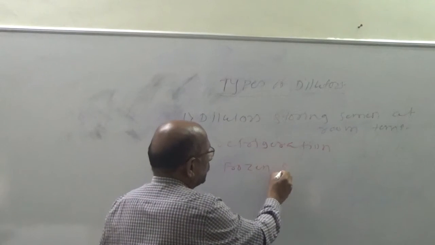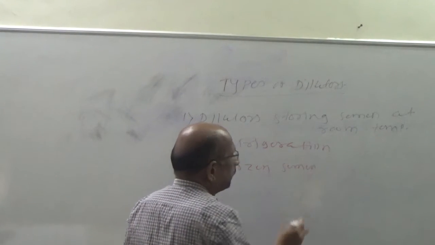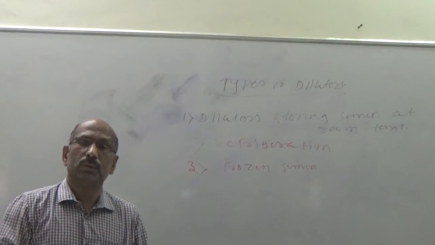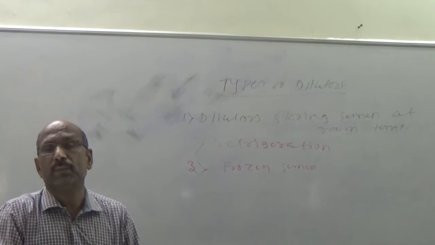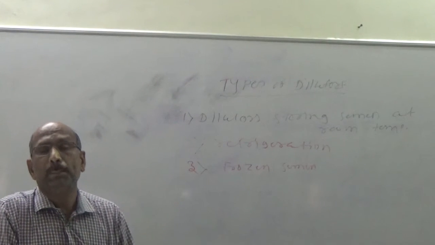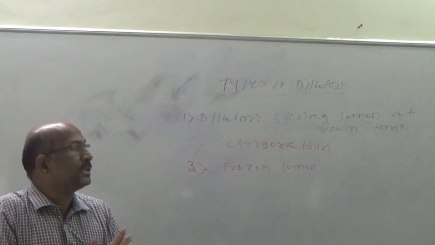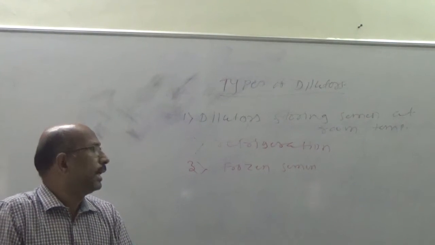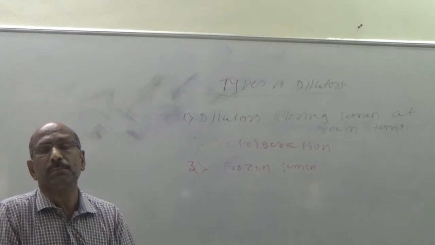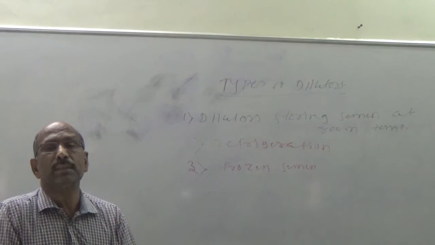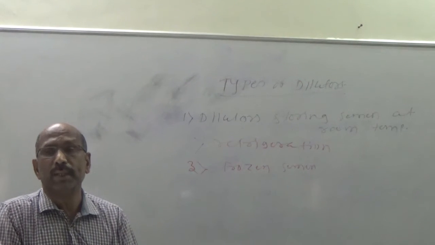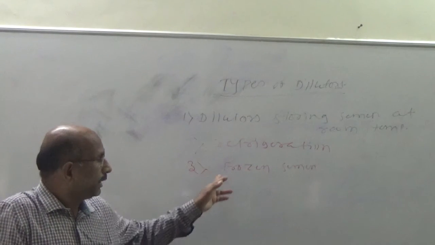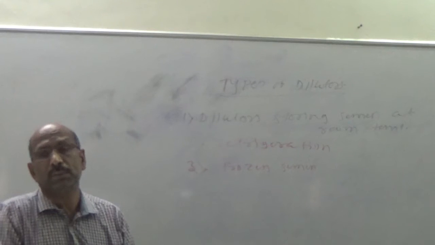The different diluters are used for the storage or preservation of semen depending upon storage at room temperature, storage at refrigeration temperature, and storage at -196 degrees centigrade in liquid nitrogen, which is called frozen semen.